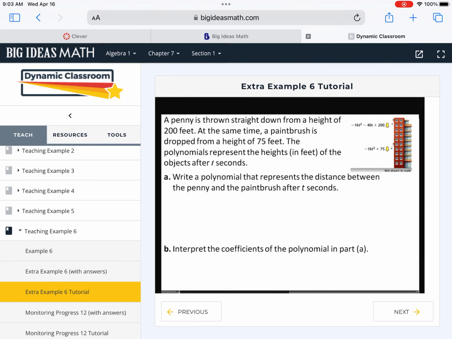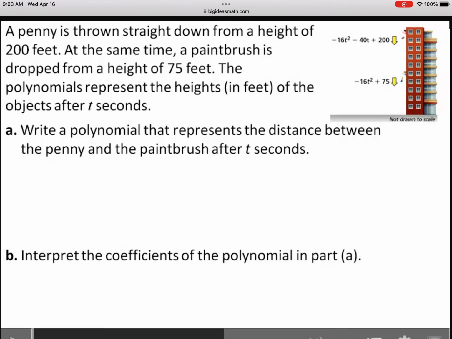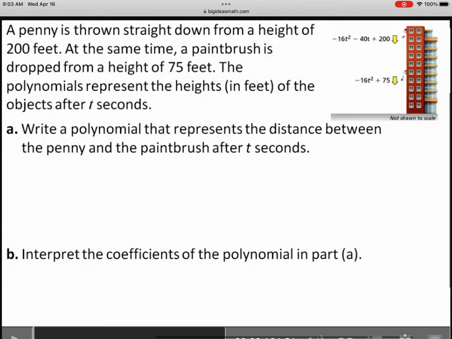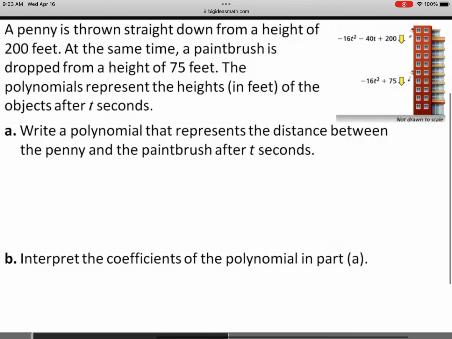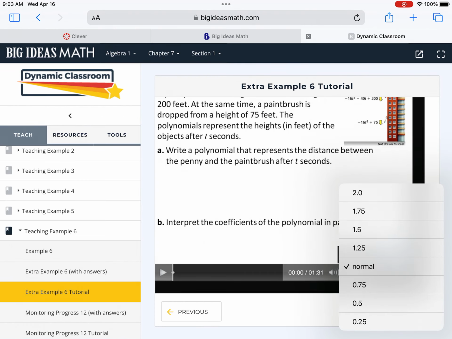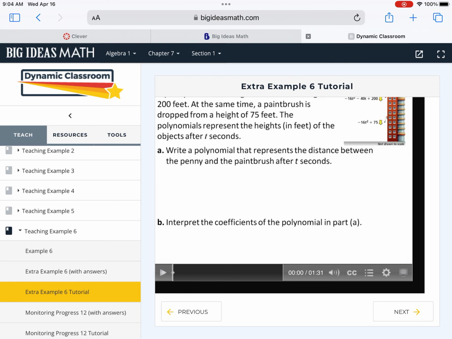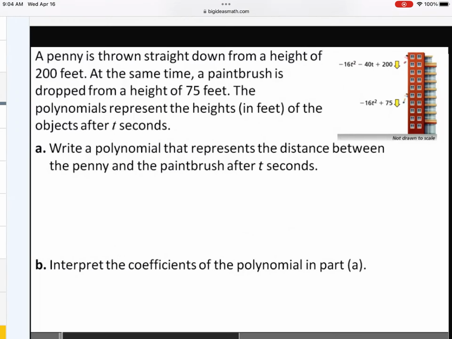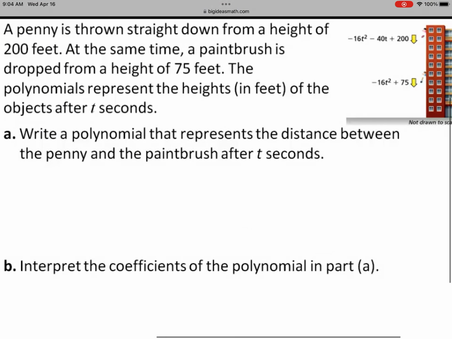A penny is thrown straight down from a height of 200 feet.